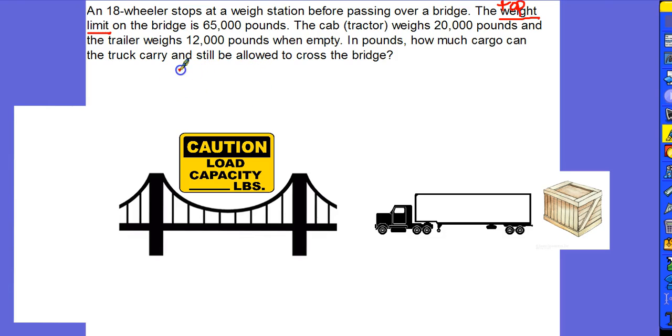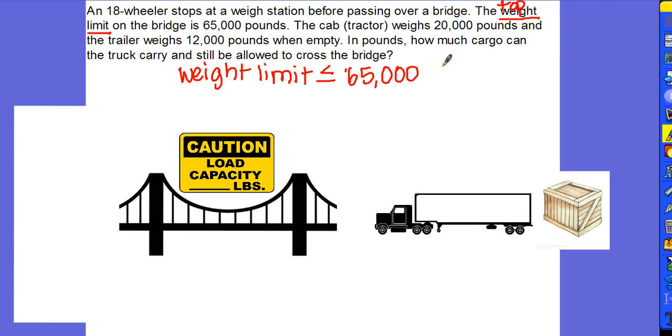Did you guys agree that we're looking for the top limit, which means that we are looking for, I'm going to write this down, the weight limit to be, top limit is what? Less than or equal to, greater than or equal to? Less than or equal to what? The top limit is what? 65,000. All right. So now I know that that's what I'm looking for.